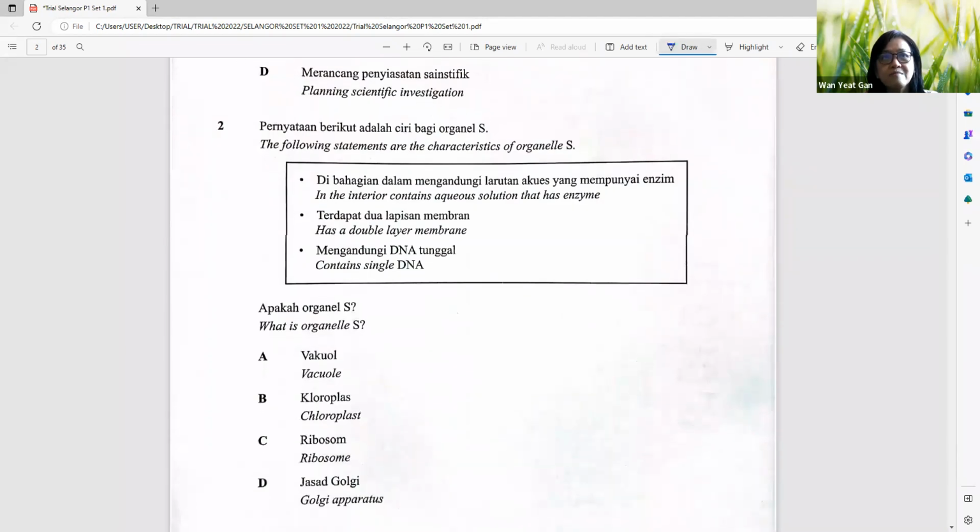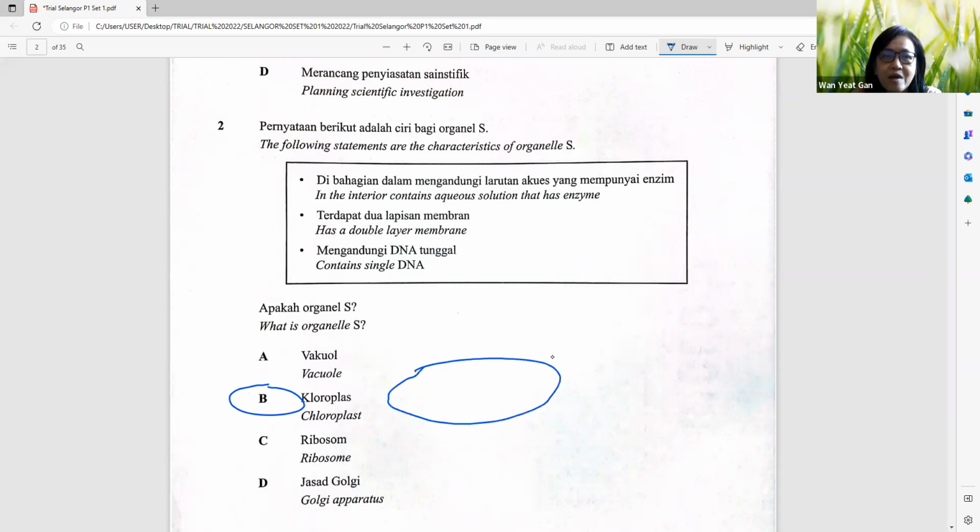The following statements are the characteristics of organelle S. The interior contains an aqueous solution that has enzyme, has a double layer membrane, contains single DNA, right? So here the characteristic is referring to chloroplast, because chloroplast has enzyme in its stroma.